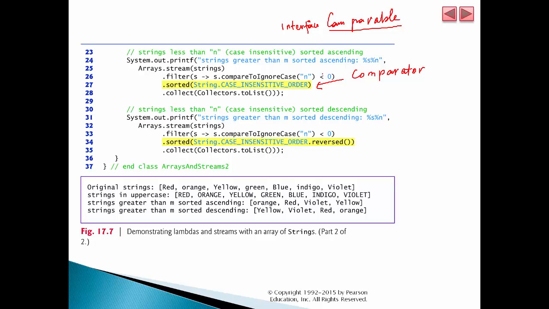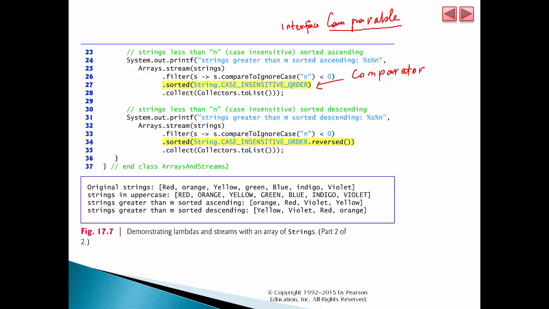So these are relational operators, not logical operators. You can use them to compare. But Comparator is just a class which takes two elements and then returns an integer, right? And we discussed the way this Comparator class is defined.